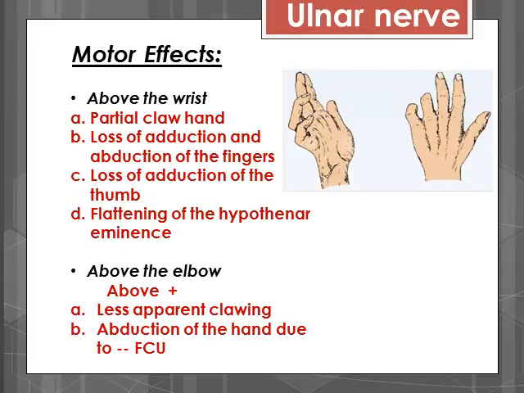The claw hand presents with hyperextension of the metacarpophalangeal joints, with flexion of the proximal and distal interphalangeal joints, especially of the fourth and fifth digits. So it is called partial, not complete claw hand.